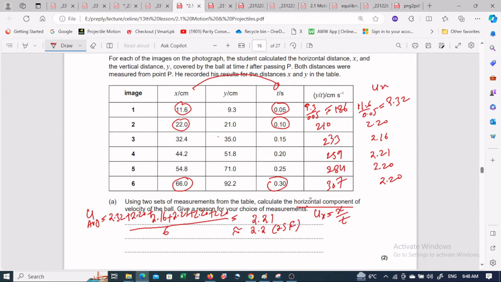This is the average value of the horizontal component of velocity, so we need its uncertainty. As this is 2.21, the uncertainty is plus or minus 0.05. Why is it 0.05?